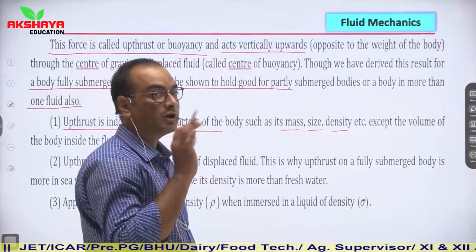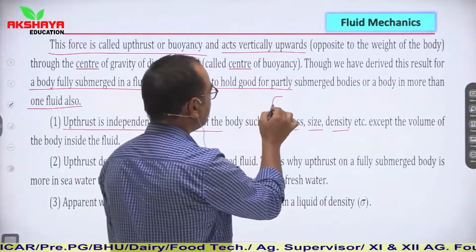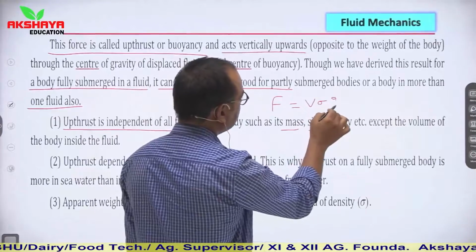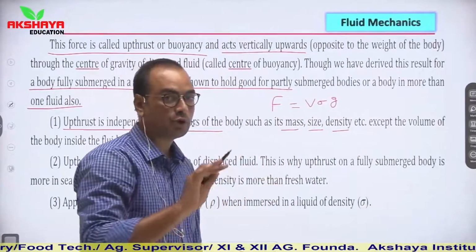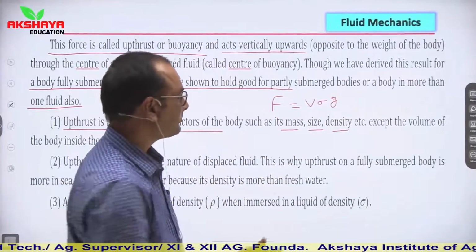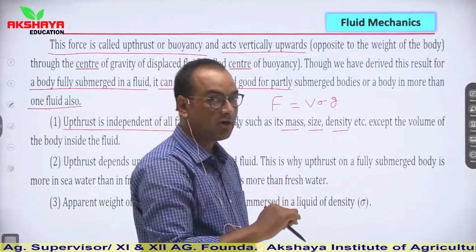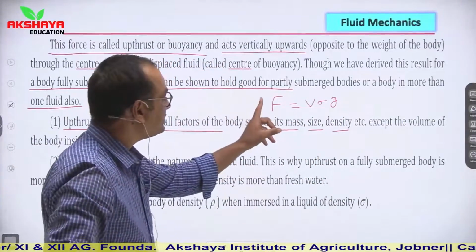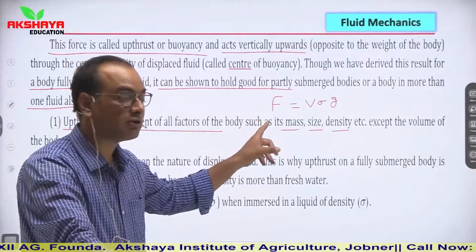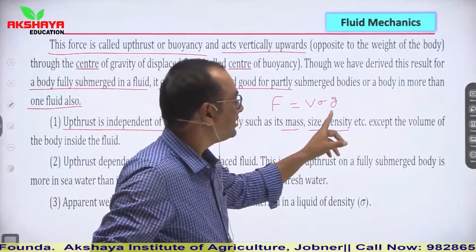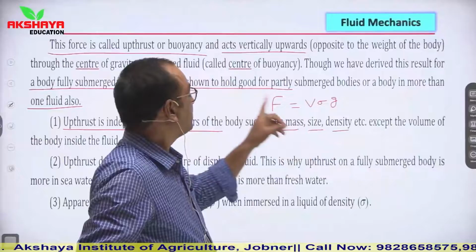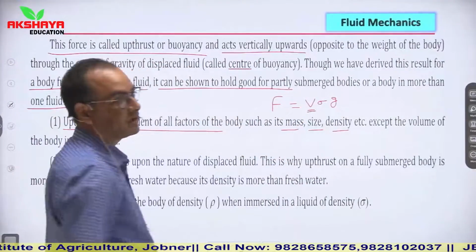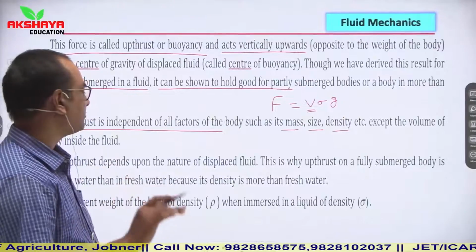So in magnitude, upthrust force is equal to V sigma g. V is the volume displaced by the solid, sigma is the density of that fluid, and g is gravitational acceleration. So this upthrust force is independent of mass, size, density of the body. It simply depends on the volume of that body.